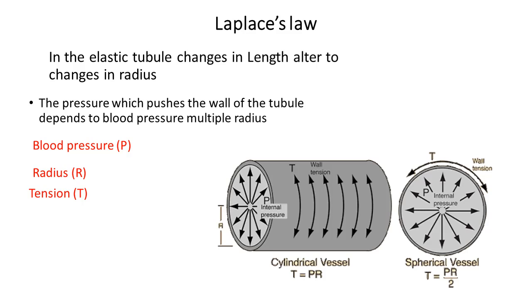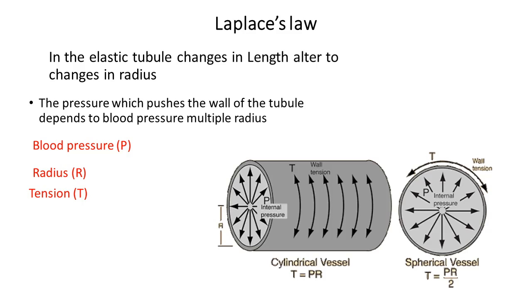Because if tension is going to be high, maybe tearing or breaking of the wall of the capillary happens, such as during some diseases like aneurysm. The radius and the pressure of the wall of the vessel increase, so tension increases too, so the chance of tearing of the wall of the vessel increases.